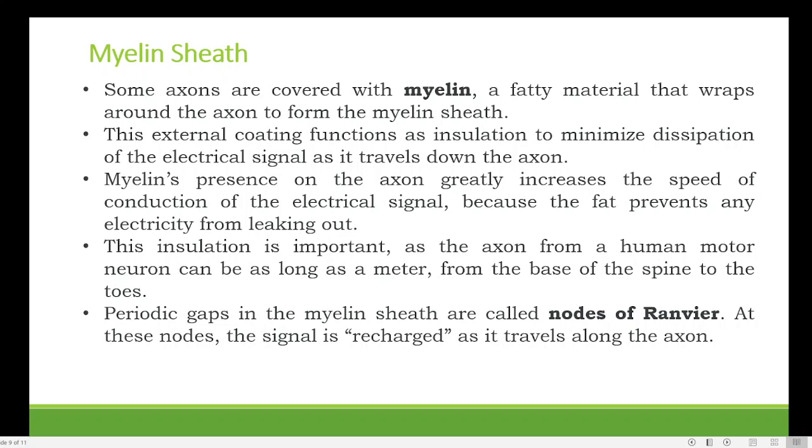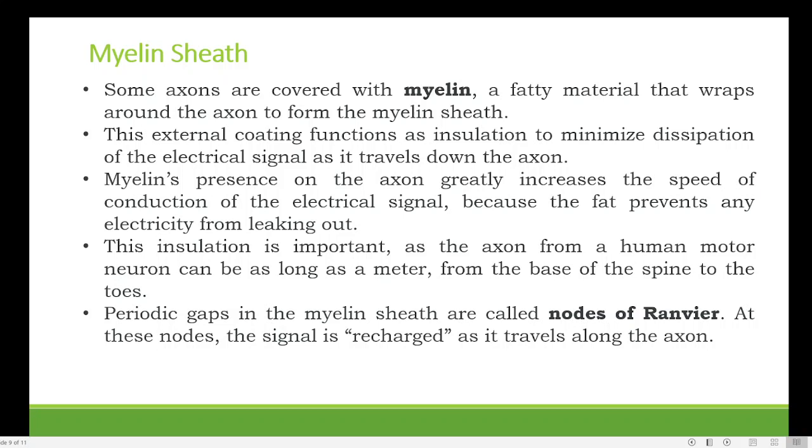So the myelin sheath is an important thing. The coating functions as an insulation to minimize dissipation. Dissipation means wastage of the electrical signal as it travels down the axon. As the electrical messages or nervous impulses travel along the axon, it is a very weak electricity. That weak electricity has to be protected properly, otherwise it will be wasted.